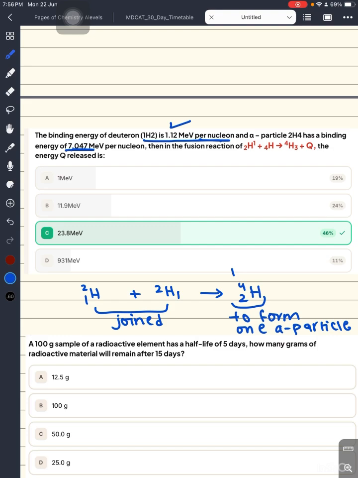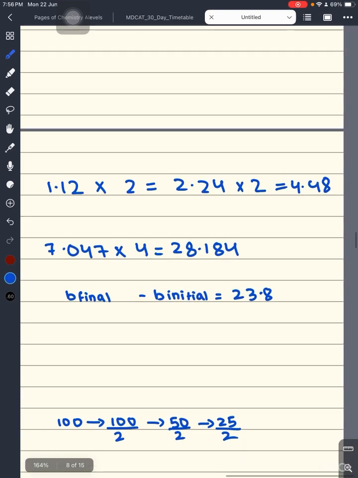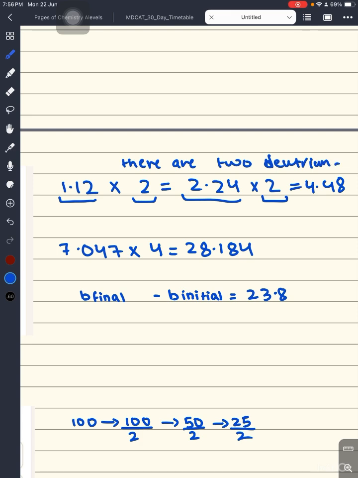Then in the fusion reaction, this equation is somewhat difficult to understand, so go for this equation. The energy Q required is, so just look at this working. 1.12 multiplied by 2 is 2.24, and multiply by 2 because there are two deuterium which combine to form one alpha particle.